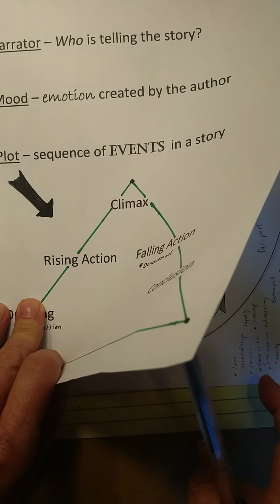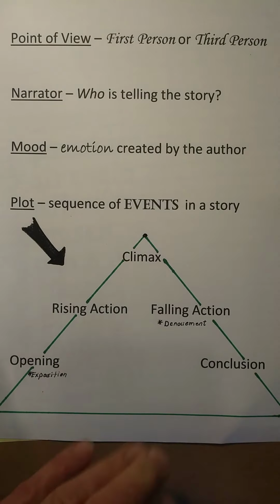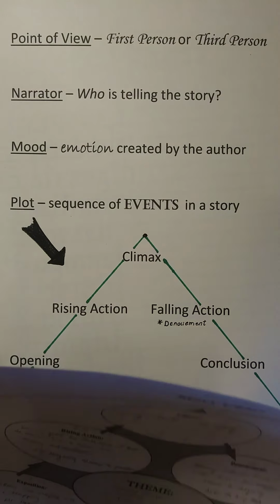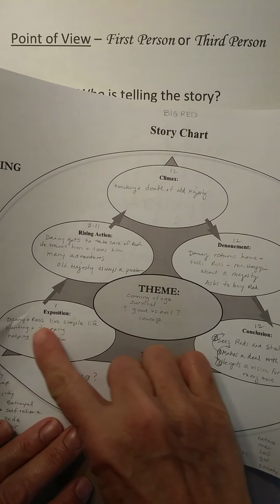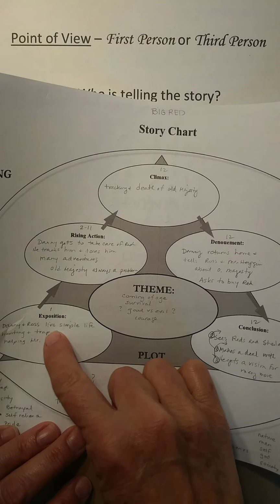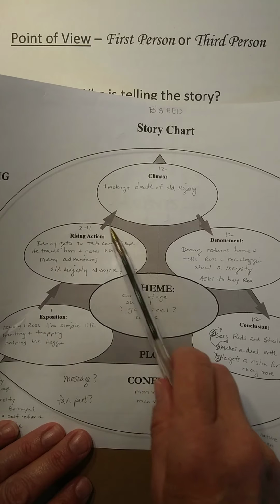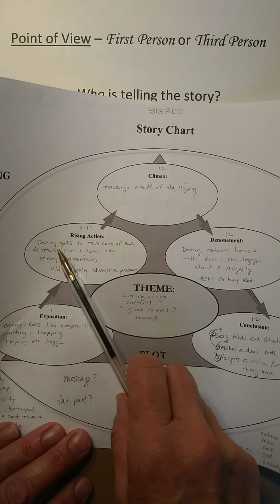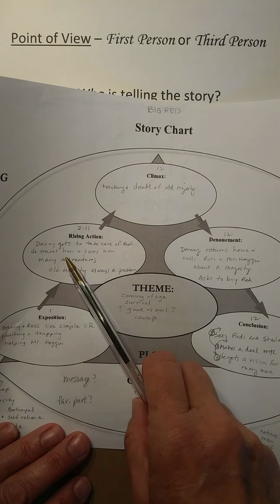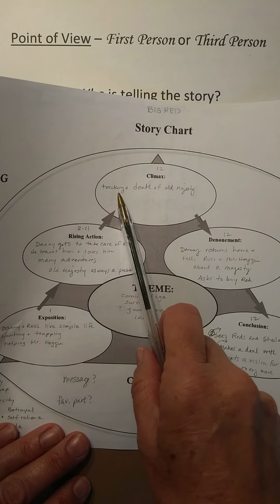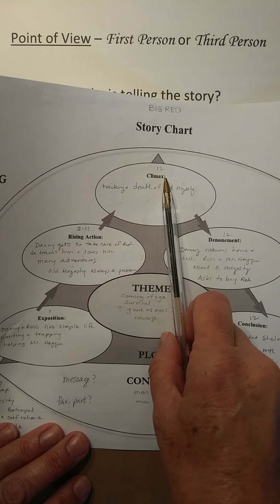And I know you guys remember the story chart we did. I have a copy of the one we did from Big Red. The exposition is Ross and Danny living in the cabin, and then they have all their experiences in their trapping and hunting and with the Old Majesty, and then the climax, of course, was the most exciting part where they killed Old Majesty.